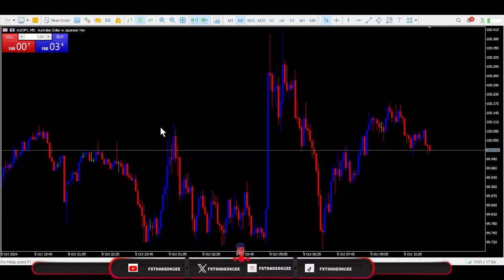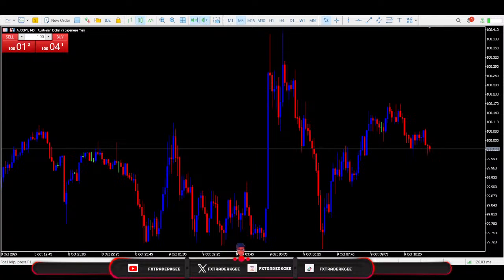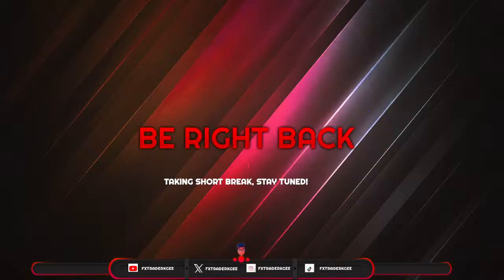Yes, New Zealand USD is supposed to be selling. And then another one that we can also quickly look at is, let's see if we can quickly bring it up.